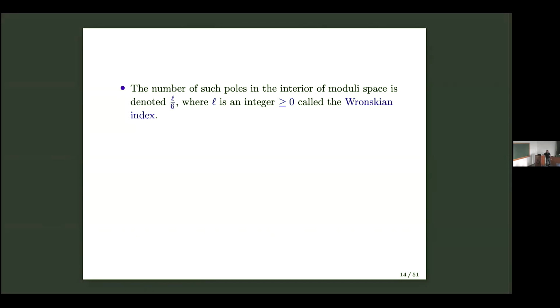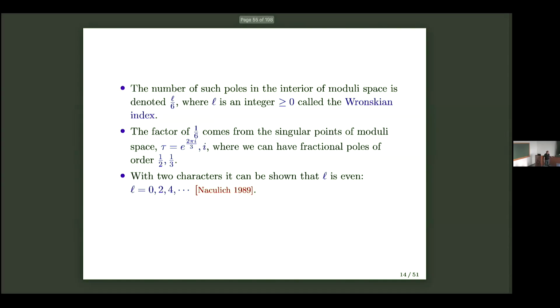And the result is that you're allowed a 1/3 pole at that corner and a 1/2 pole in the middle. And so with the general rule, if you make a linear combination of 1/3 poles, 1/2 poles, and full poles, then it can be well parameterized by just the number L by 6, and L cannot be 1 in any case. It can be anything above 2. Or it can be 0, of course. Okay, so this is the Wronskian index.